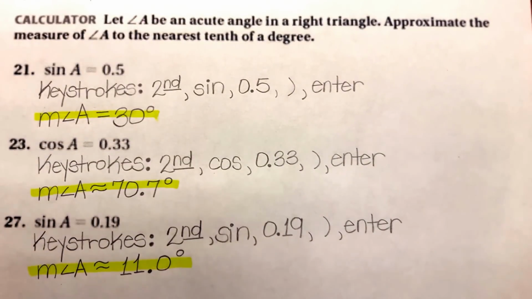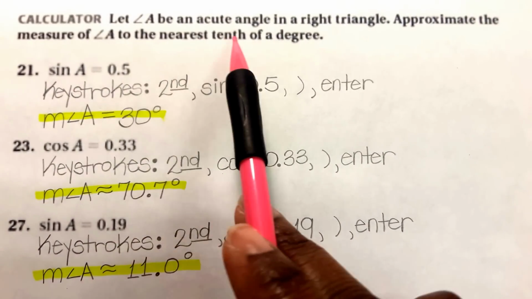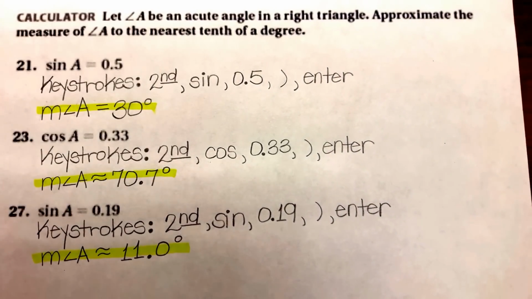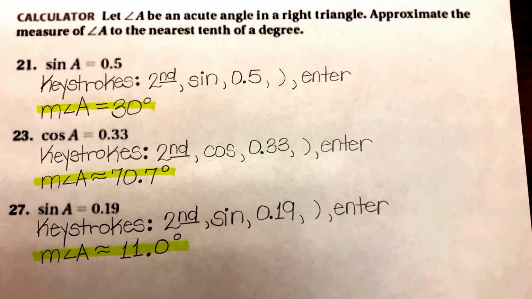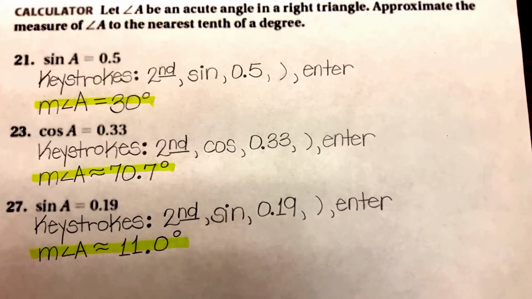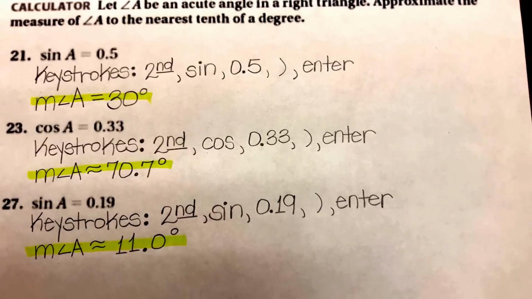So very important that you know the vocabulary. Approximate the measure of angle A to the nearest tenth of a degree. So again, we want to make sure our mode is in degrees, and we want to make sure that when we go to mode, we have our float on 1. We don't want it on float, we want to put it on 1, okay?